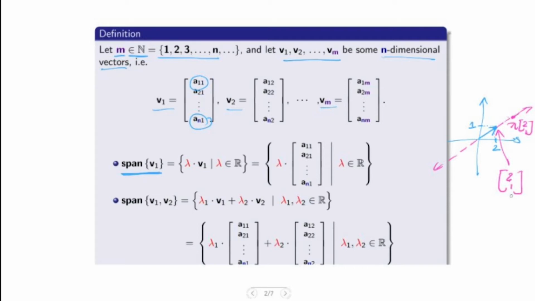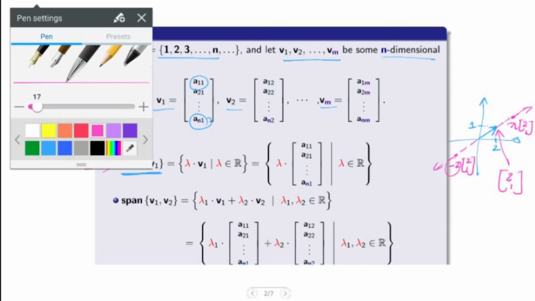So if you have a vector 2, 1, any other vector on this particular line is a number lambda times it. If it's here, it's maybe minus 2 times the vector 2, 1. So minus 2 is your lambda. So lambda times the vector itself is in the span of the vector 2, 1.